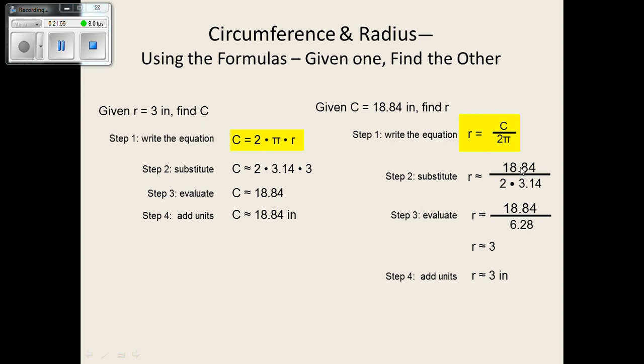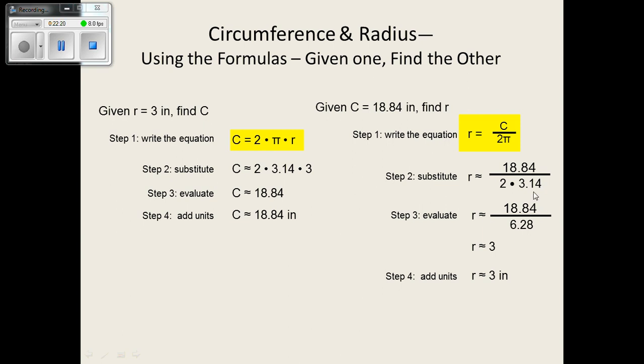Because 18.84 has this line all the way across and all this stuff is down here, that means that this number up here needs to be divided by all of this. And sometimes when you type it into the calculator, you end up dividing by 2 and then multiplying the result by 3.14, which is not going to get you the right answer.